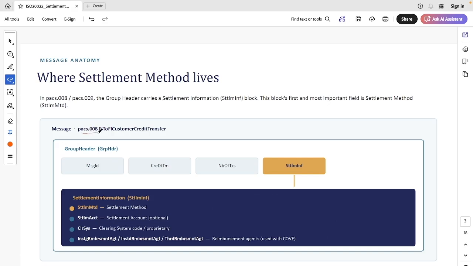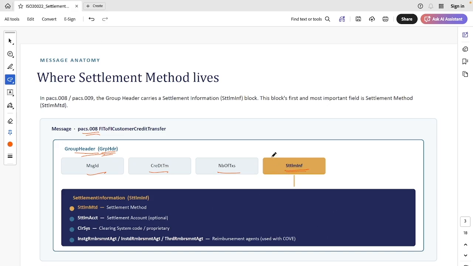Now let us see where settlement method actually sits inside the ISO 20022 message. In messages like PEX.008 or PEX.009, settlement method is present inside the group header, which is written like this. Every payment message contains a group header, as you all know. The group header contains message level information such as your message ID, creation date time, number of transactions, and then finally the settlement information.